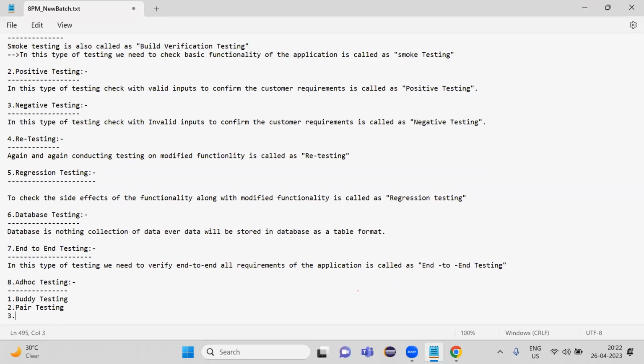Third one is gorilla testing, or another name is monkey testing. Another name is chimpanzee.